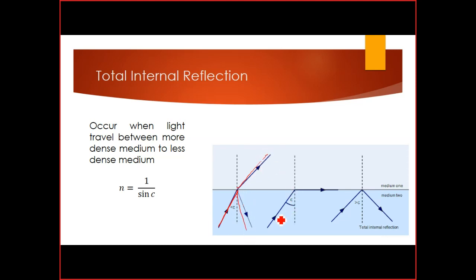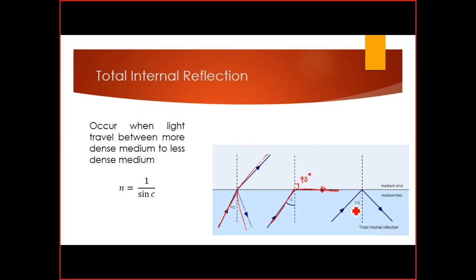But at the critical angle, the light is not going to be reflected, not refracted. Instead, the light will pass along this surface. So this is 90 degrees.